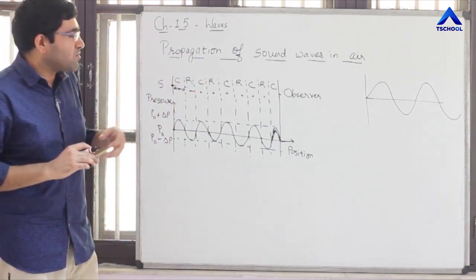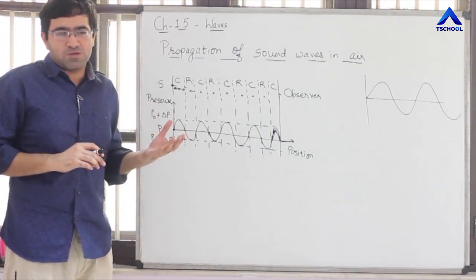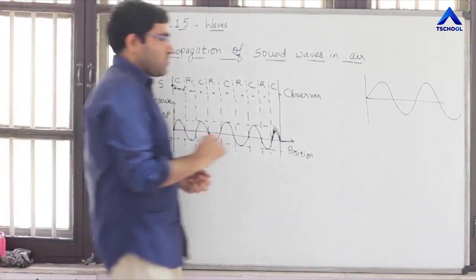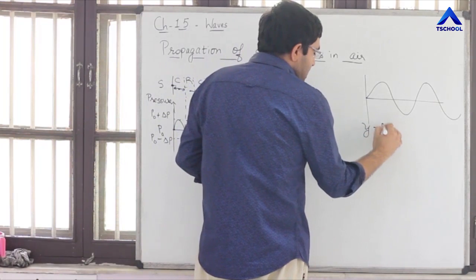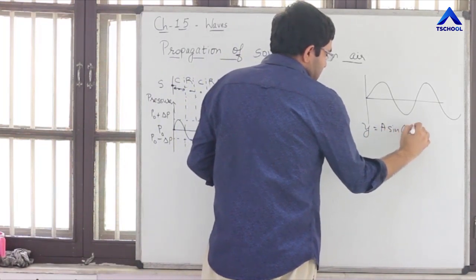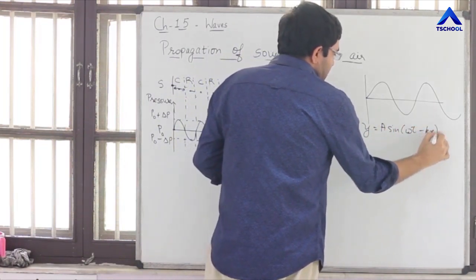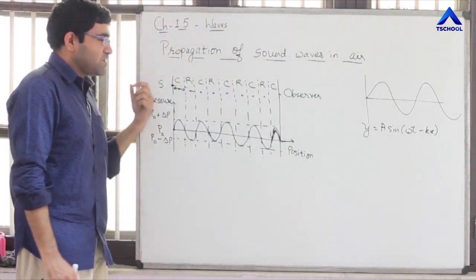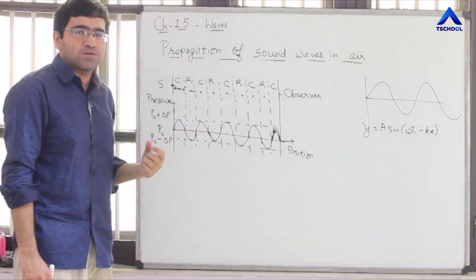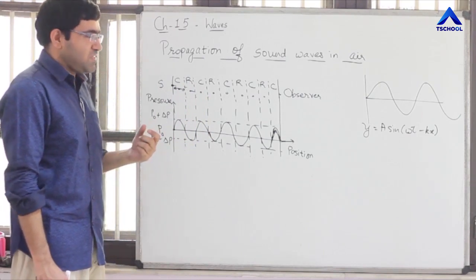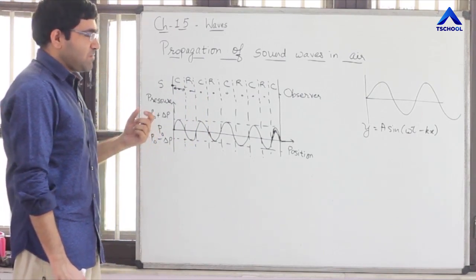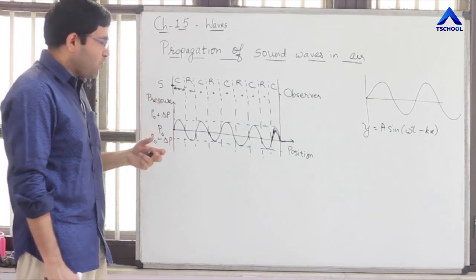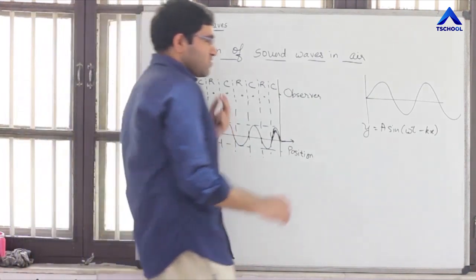Alright, so the mathematics is pretty much the same, just like you'd have the equation y equals A sin(ωt − kx) for a wave traveling towards the positive x direction. The same kind of equation is true for a pressure wave or a sound wave.